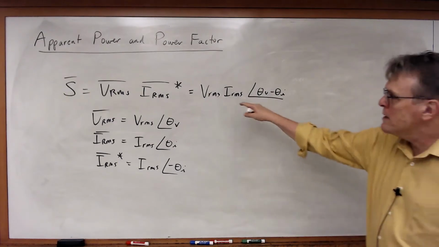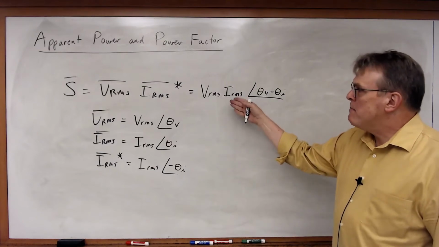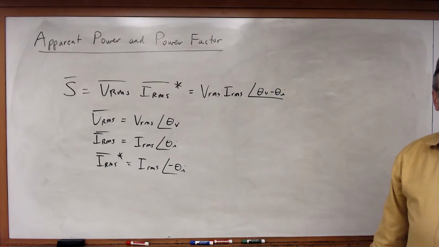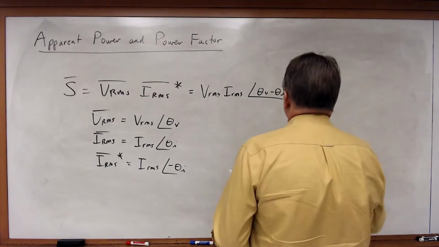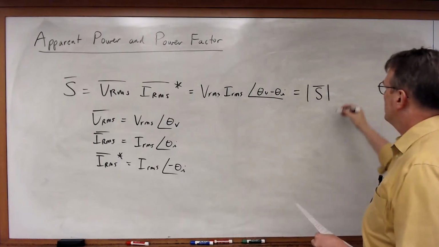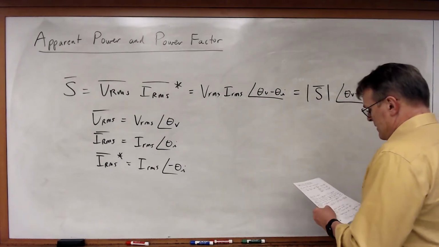But what is this, VRMS IRMS? Clearly, this is the magnitude of the complex power. And I can just write it that way. That's the magnitude of complex power at a phase angle of theta sub V minus theta sub I.